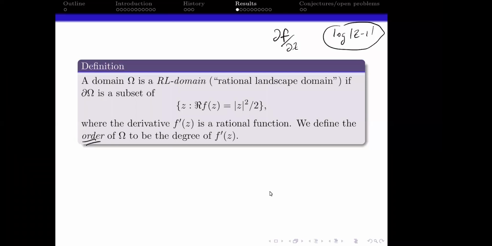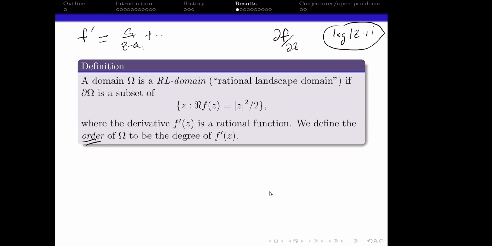In fact, one can even write this down. If f prime is rational, you do this principle, whatever you do in basic calculus: you separate it out and write it as c1 by z minus a1, and so on. Then, very heuristically, if you integrate this, you get a bunch of logs and a bunch of rational functions.